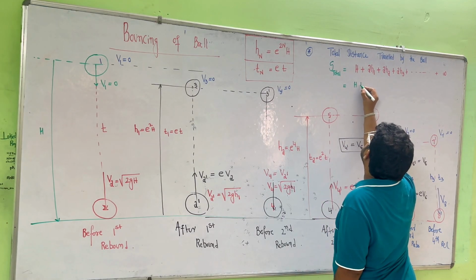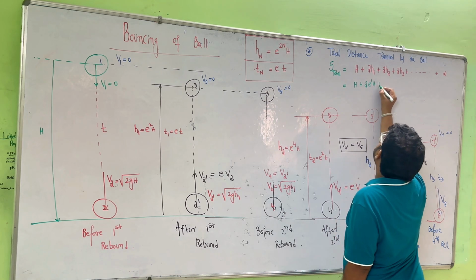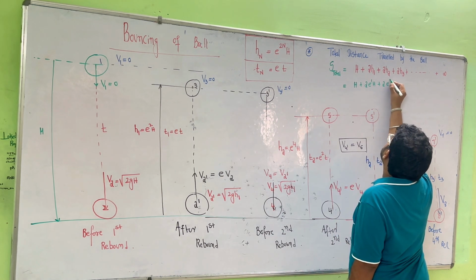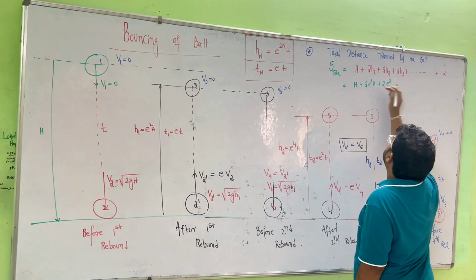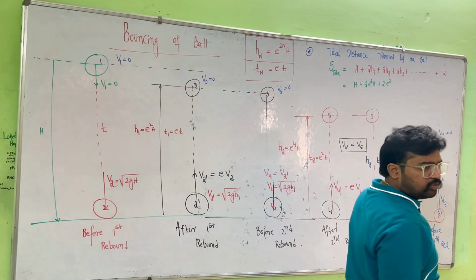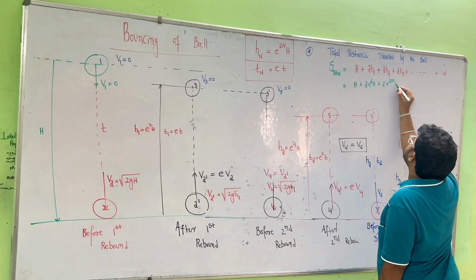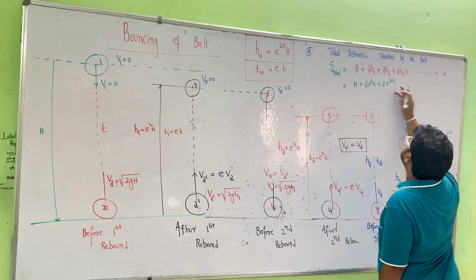Capital H plus 2 times of e power 1h, 2 times of e square h. That is capital H.